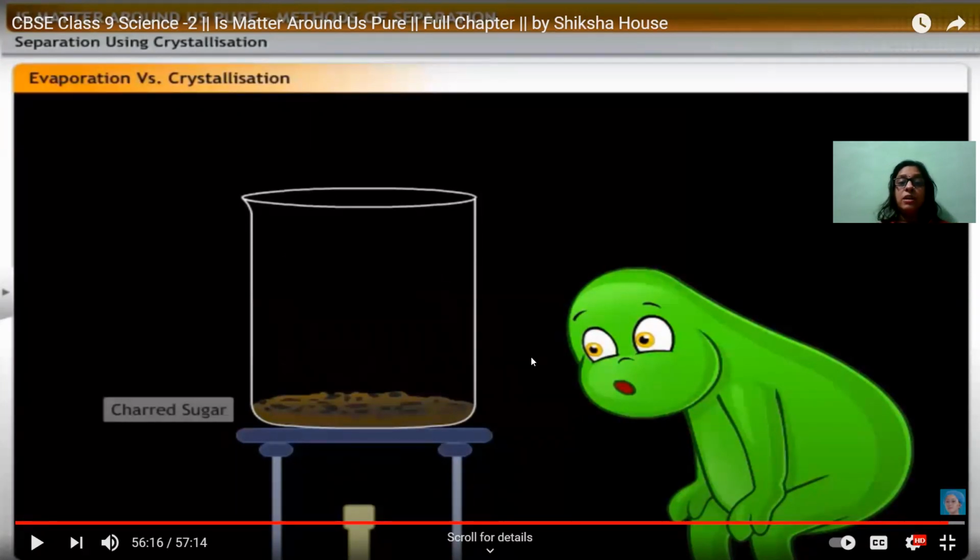So this crystallization method is preferable to get pure crystals instead of the evaporation method.